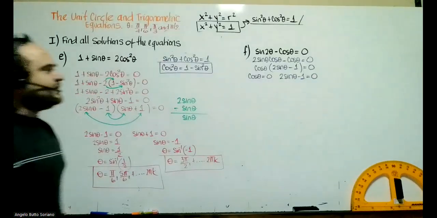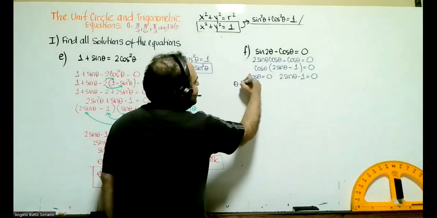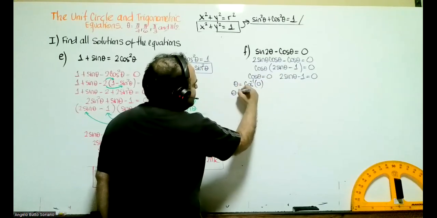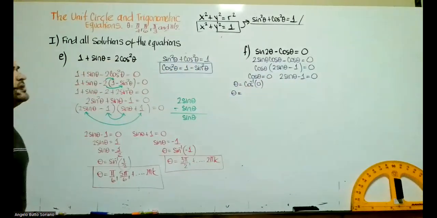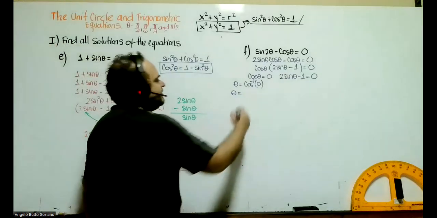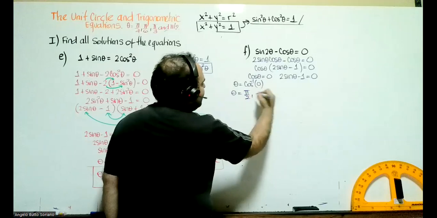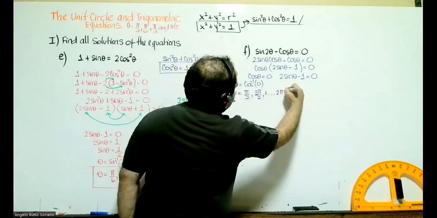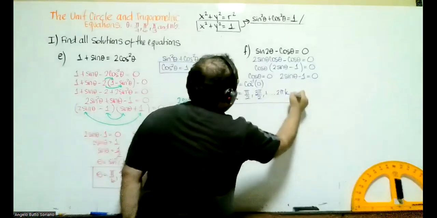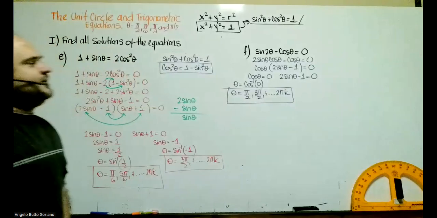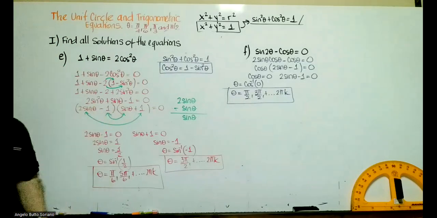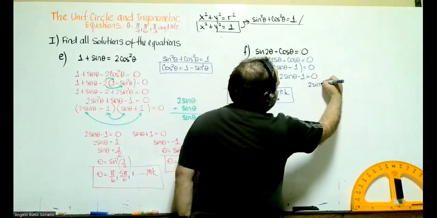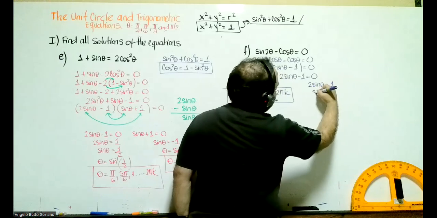Let's solve for theta. Theta equals arc cosine of 0. And you know, the values that provide arc cosine of 0 in the unit circle will be given by pi half, 3 pi half, plus 2 pi k. We have the first solution for theta. On the other hand, we have 2 sine theta equal to 1.